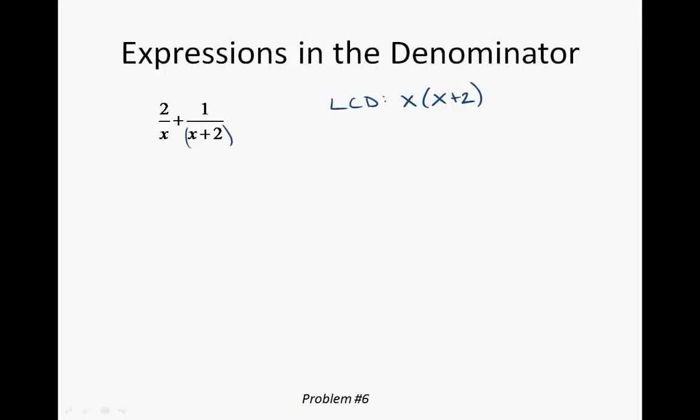It's just multiplying the two together. So I start by taking 2 over x, and I'm going to multiply it by x plus 2 over x plus 2, plus 1 over x plus 2, and I'm going to multiply it by x over x.